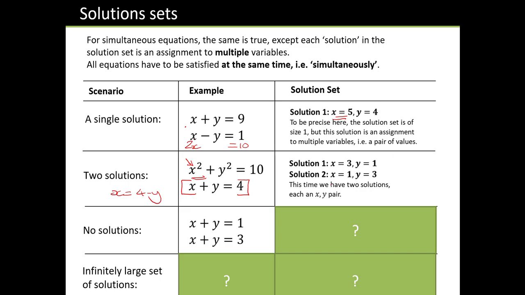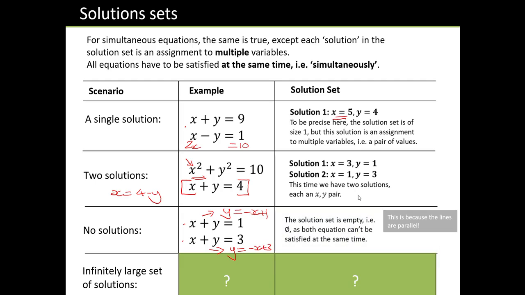No solutions. Well, you have 2 straight lines here, but why would you get no solution? Well, if you change the top one, you would get y equals minus x plus 1. If you change the bottom one here, you would get y equals minus x plus 3. So they are actually parallel lines, aren't they? So there are no solutions to that one.